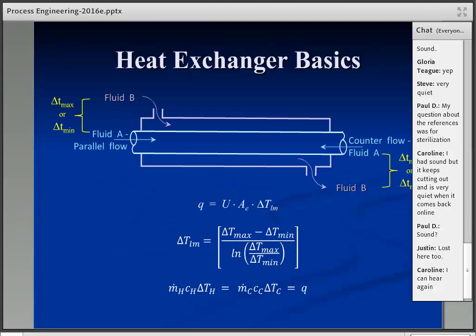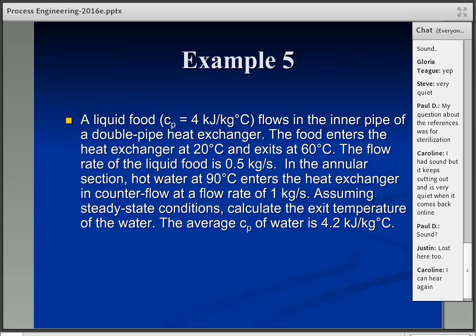Okay, so we were looking at heat exchangers. Here are the equations again in the setup that we just talked about. But I want to move on to an example. We've got some kind of liquid food material. It's got a specific heat capacity given there. Inner pipe heat exchanger.